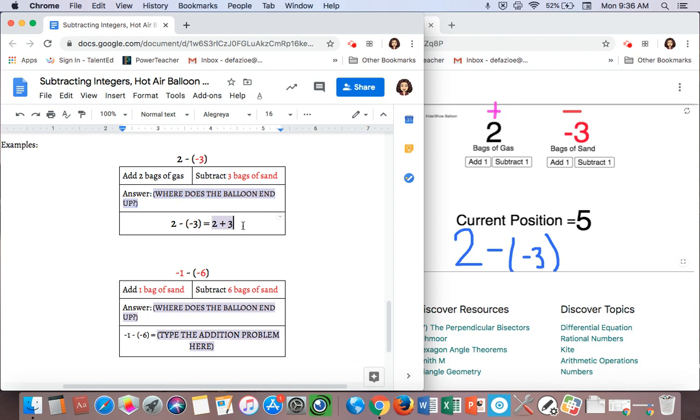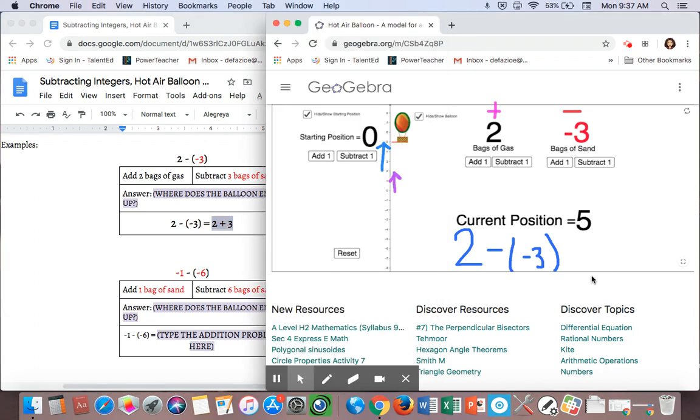So notice here, this one I did for you, but you're going to be doing that. We're going to be doing this one down here together. 2 minus negative 3 is the exact same thing as 2 plus 3, which is a much simpler, more basic addition problem than looking at subtracting a negative. So keep that in mind.